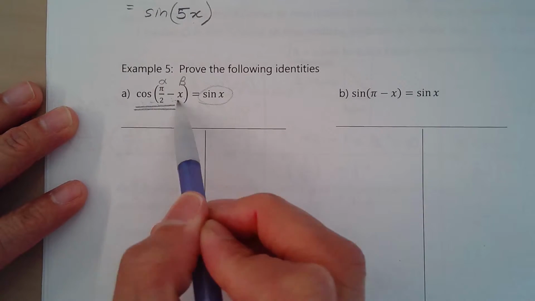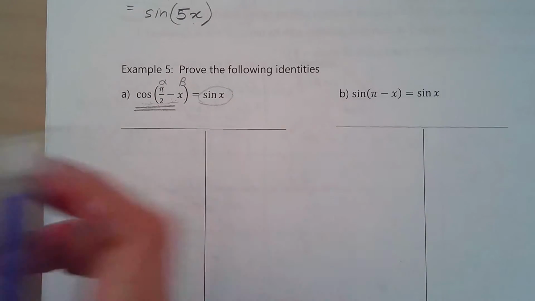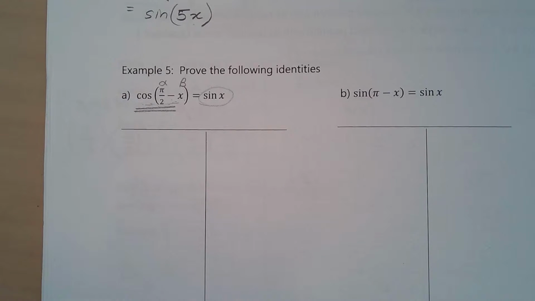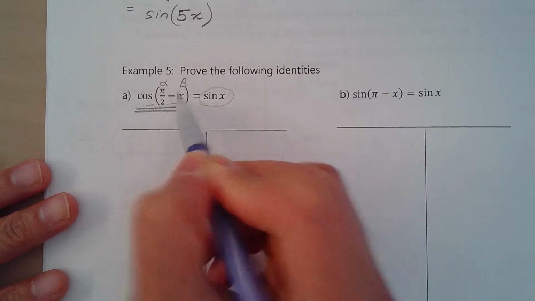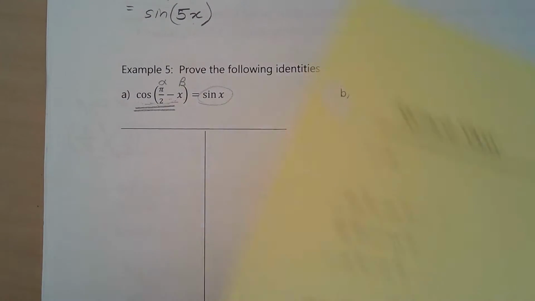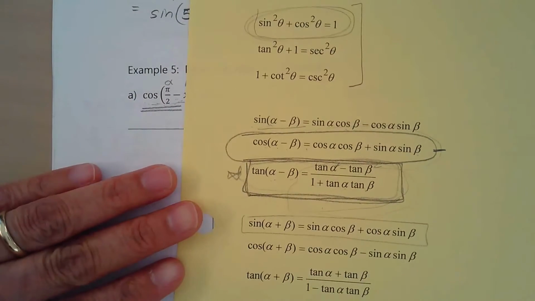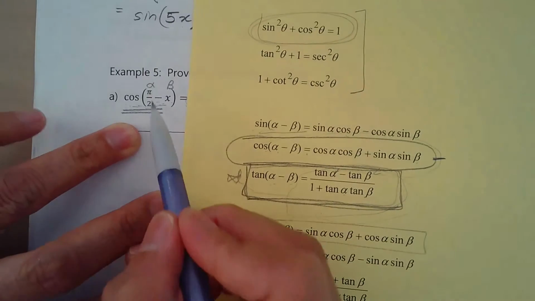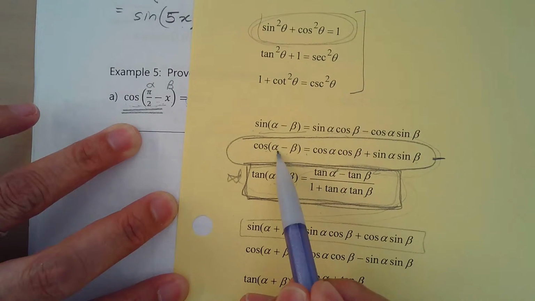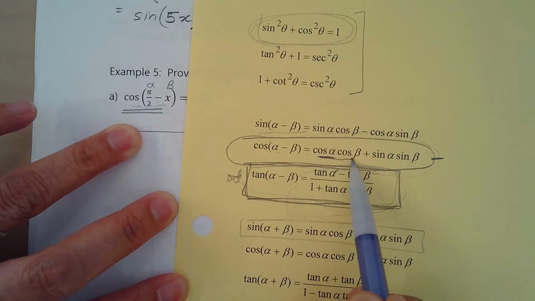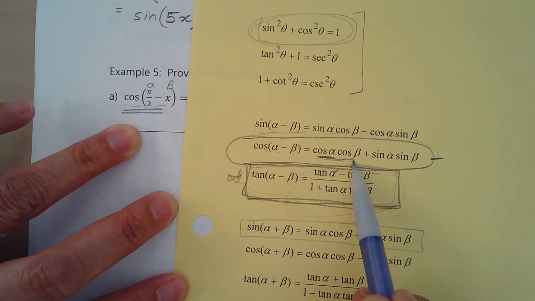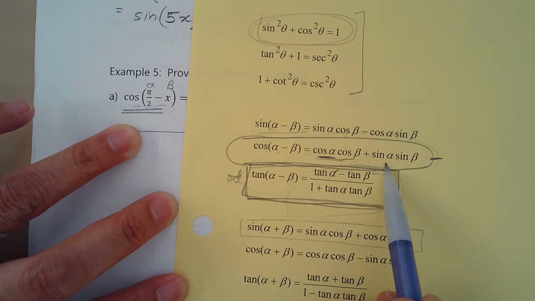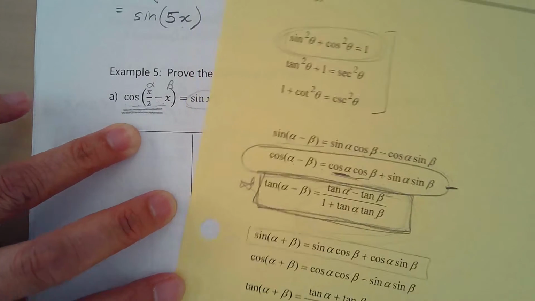In this particular case, it's good to expand. So cos of pi halves minus x, how can we expand that? Cos of a difference is cos alpha cos beta plus sine alpha sine beta.